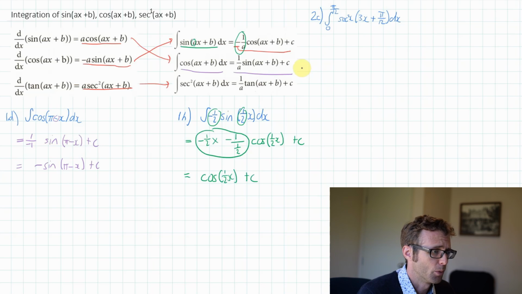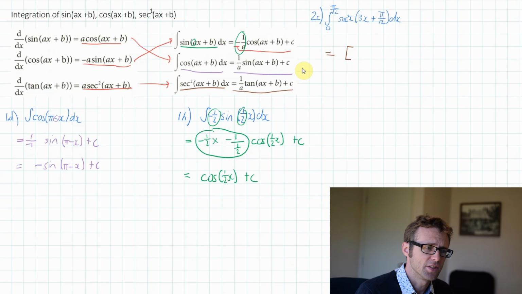Alright, another one. This one here has a range, so I'm going to be using this rule here because I've got a sec squared x. So I'm going to put my square brackets. It's going to be 1 over a.